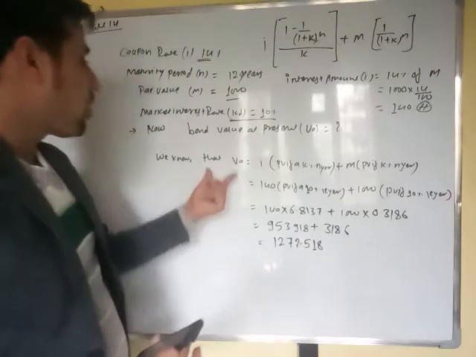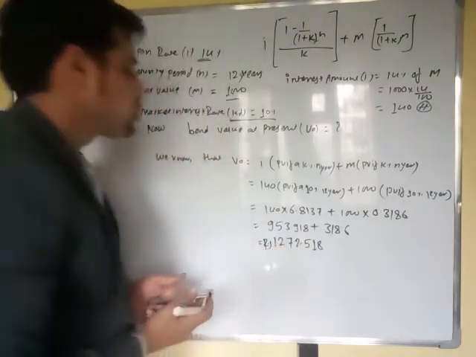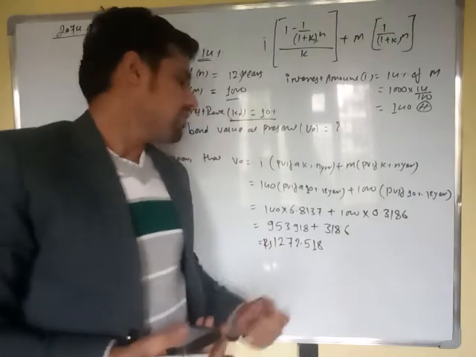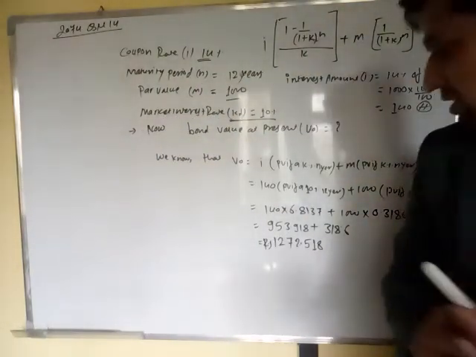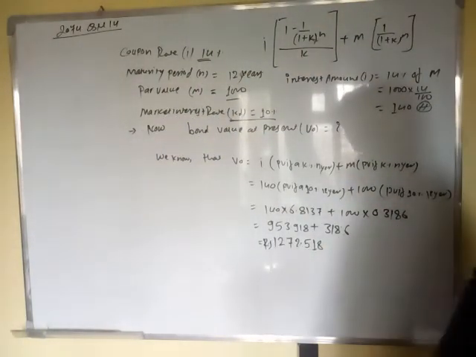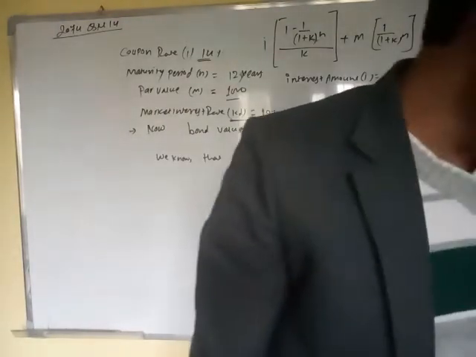The present value of this bond is Rs 1272.518. The market price, the bond price currently, is 1100, and that is what the question asked us.